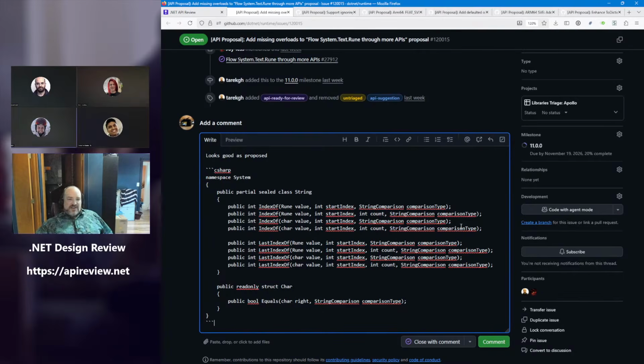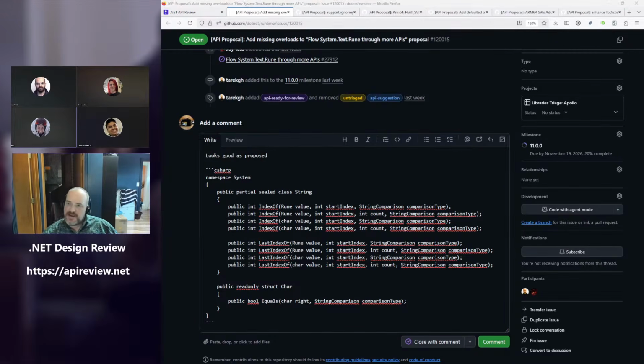Right. For our collection-y things, it's array has length, and all of the collections avoid using the word length, and they use count and capacity. I think length implies it's always contiguous. If you're ever using that name, it's always contiguous.